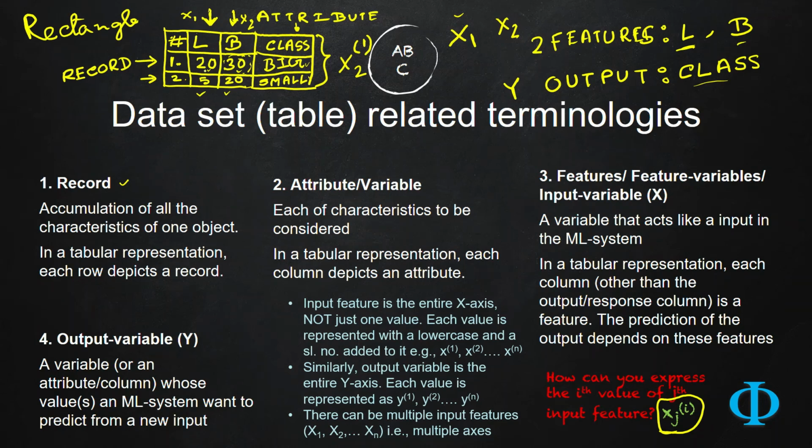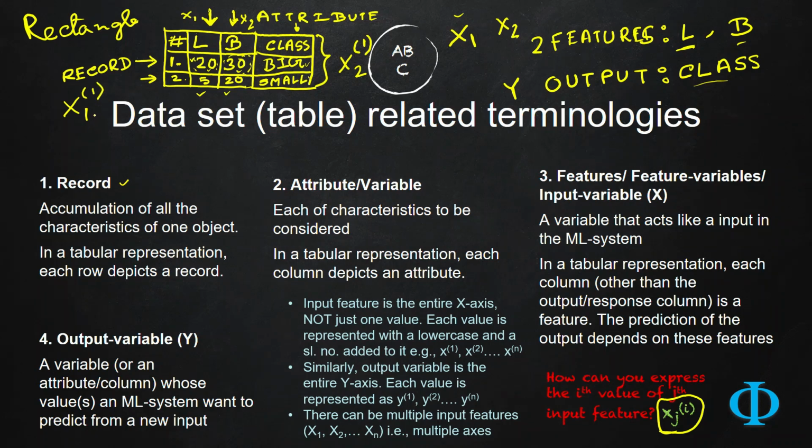Similarly, if I want to represent this 20, which is this column, it should be something like, this is my feature number 1, that is x1, and this is the 1st record.